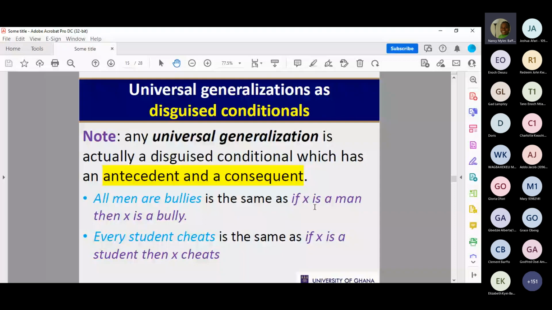So you have to open it to know your antecedent and your consequent. And you can work with it. That is what I'm showing you how to do. That's how you're able to interpret the pattern of reasoning going on there to tell whether it is a valid or invalid argument, first and foremost. And if it is valid, which type of validity it is. We are studying only 4 valid patterns: modus ponens, modus tollens, hypothetical syllogism, and disjunctive syllogism.